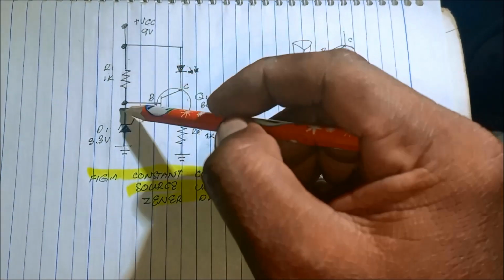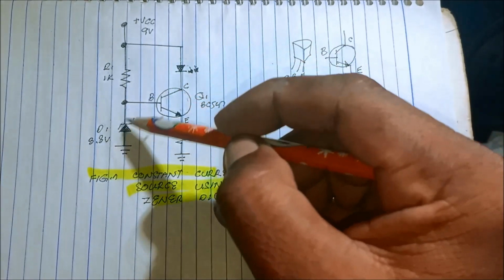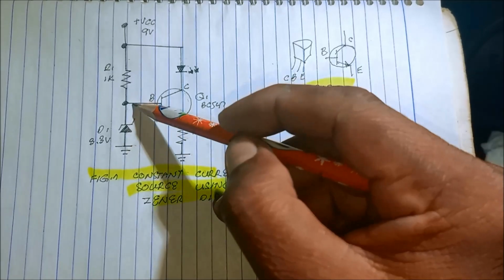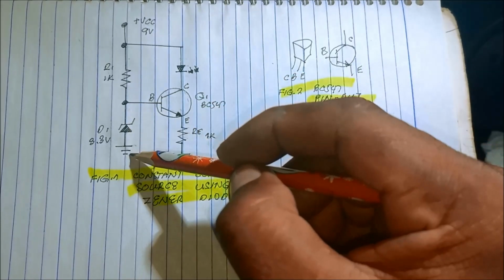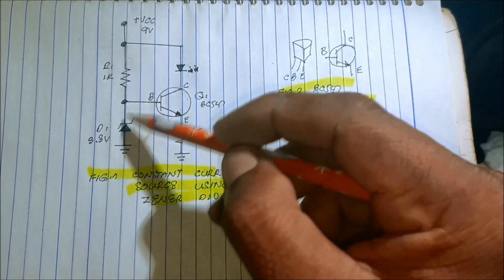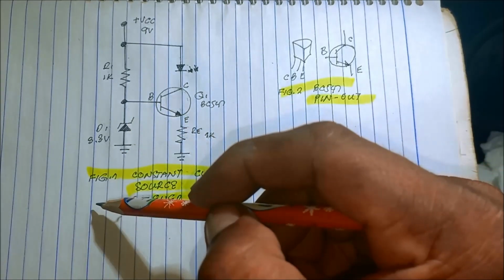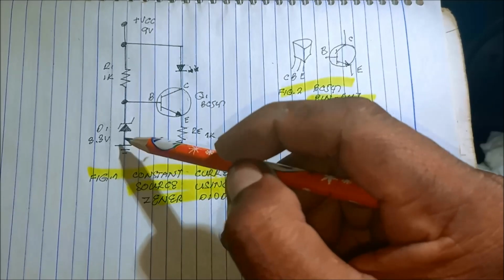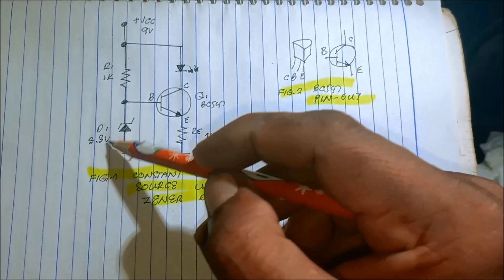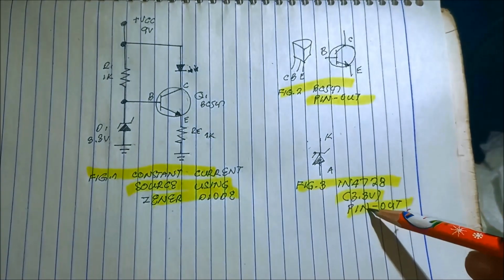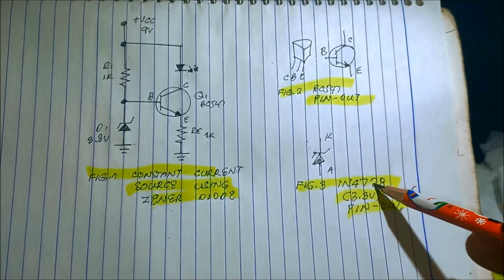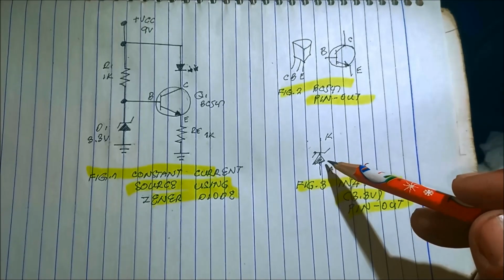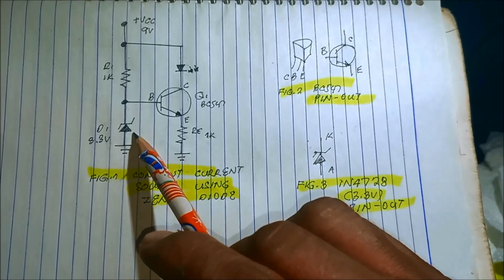And then we have this biasing resistor, at the same time a current limiter to the Zener Diode, which is connected to the base to the ground in a reverse bias condition or in a breakdown voltage condition. So Zener is connected this way with a 3.3 volts. It is known as 1N4728, a 3.3 volts pin out for the Zener Diode, connected this way.